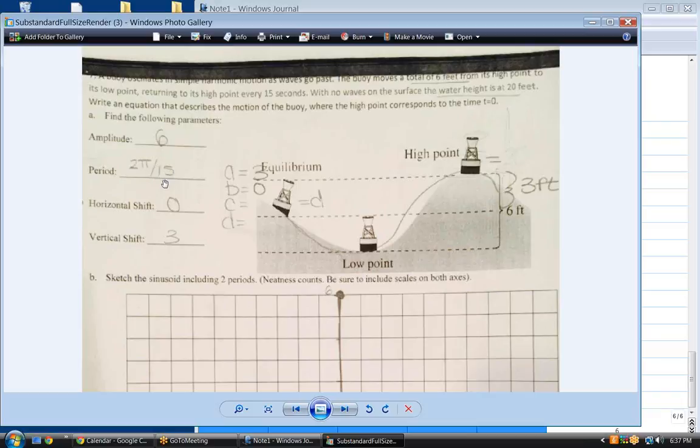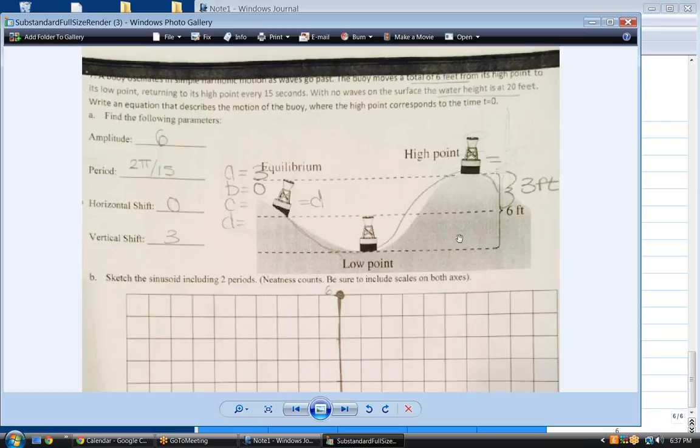Right. Okay. So let's talk about the horizontal shift. No, let's talk about the vertical shift. Because the vertical shift is the high point plus the low point divided by 2. So the vertical shift is also 3.